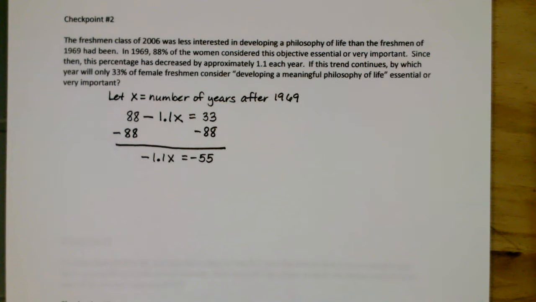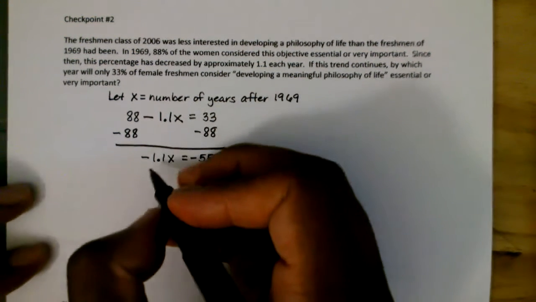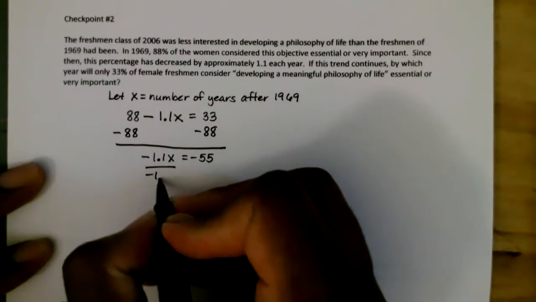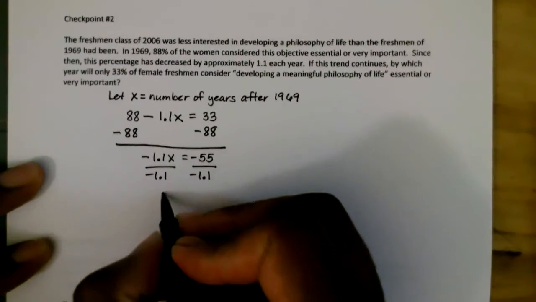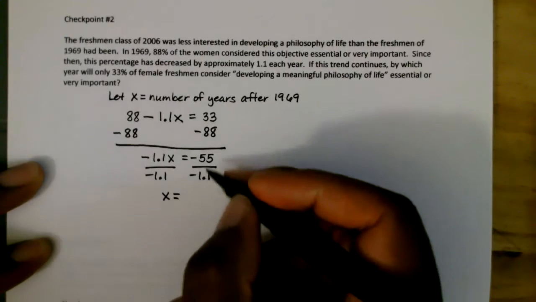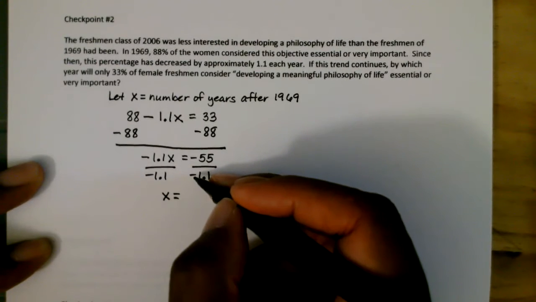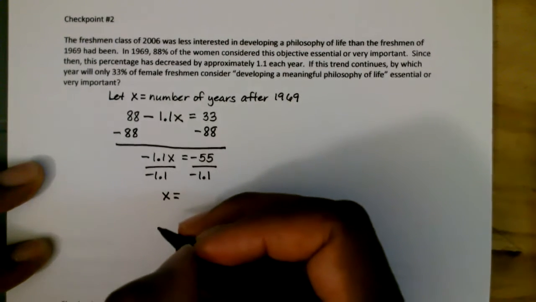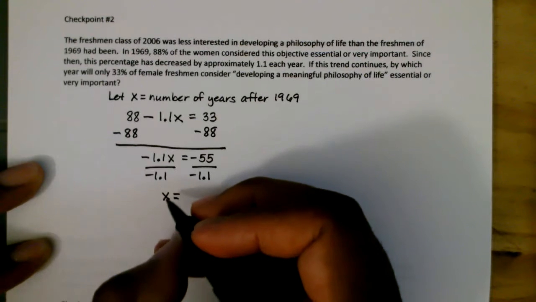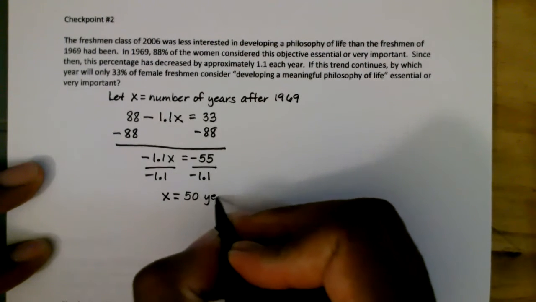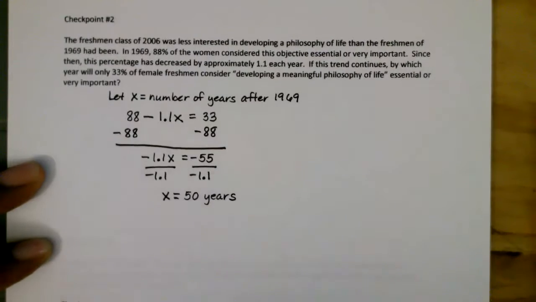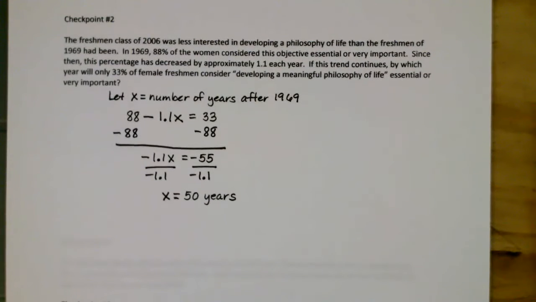And then to solve for x, I'm multiplying by negative 1.1, so I need to divide both sides of this equation by negative 1.1. So x is equal to, now negative divided by negative is going to be positive, so that means 55 divided by 1.1 would end up being 50. And this is in years, by the way, because I'm letting x be the number of years after 1969.